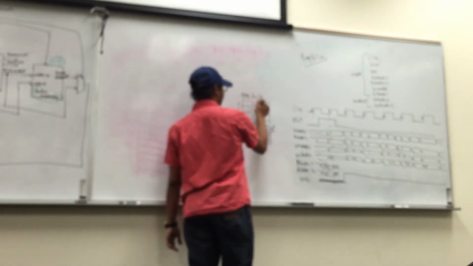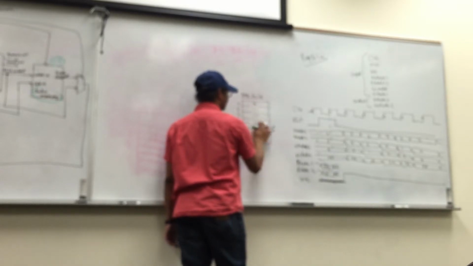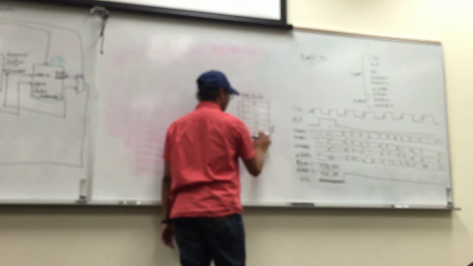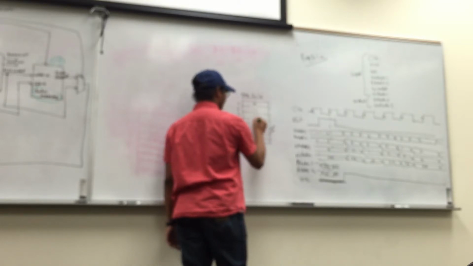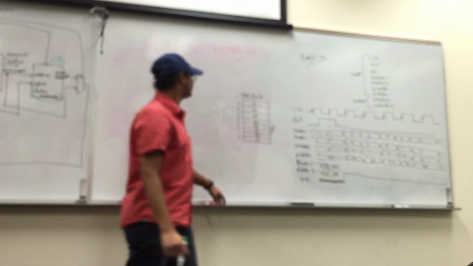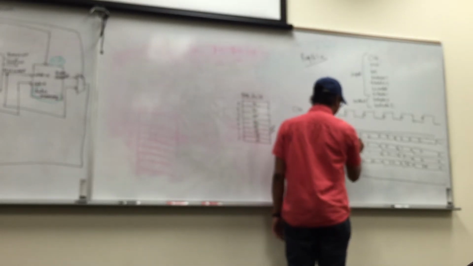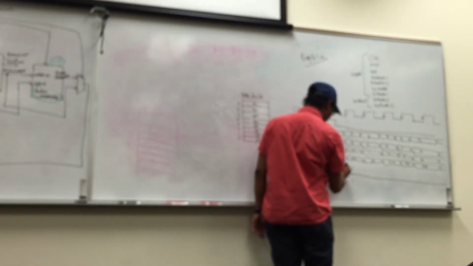Everything will become 0, right? So the whole thing will reset to 0, all the memory locations. During reset, everything is made 0. So the next clock cycle is over here.